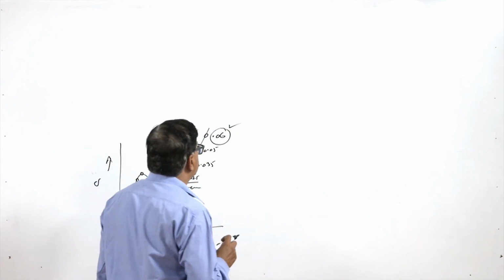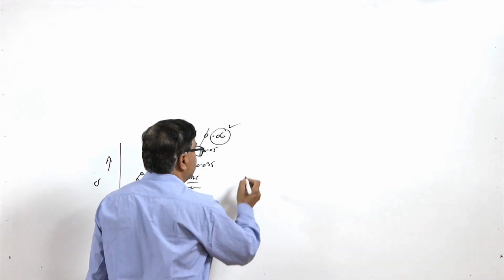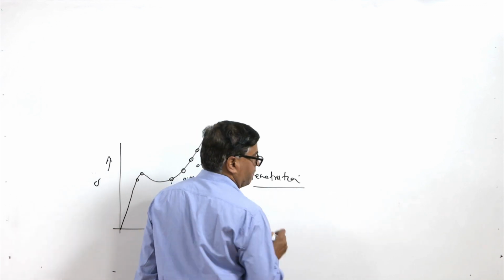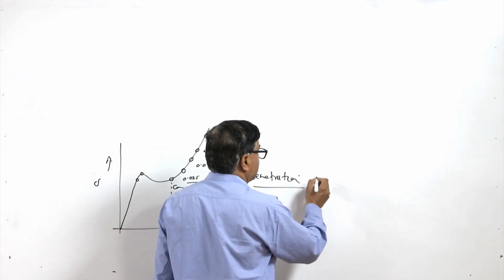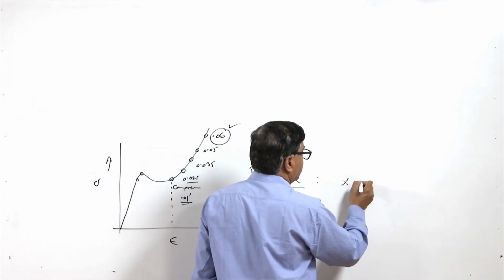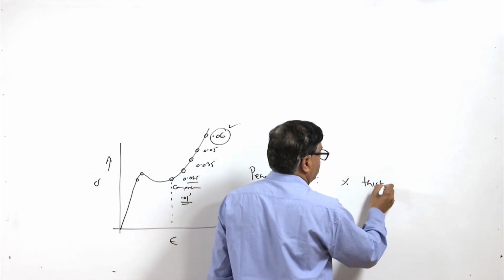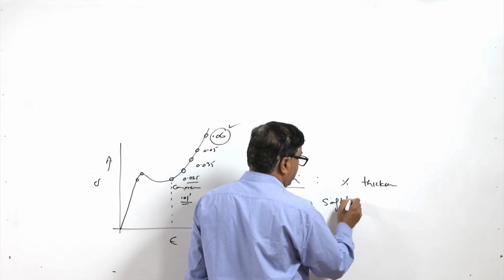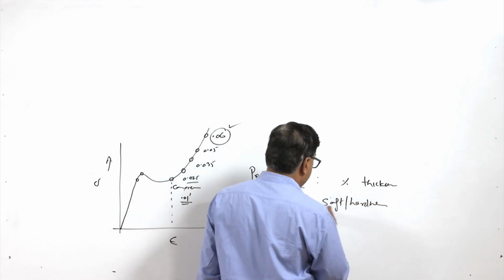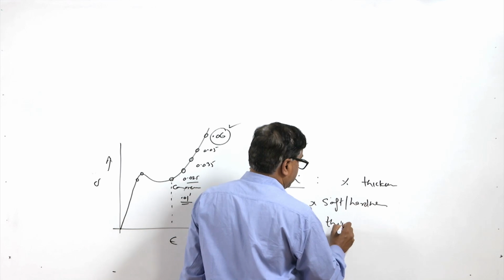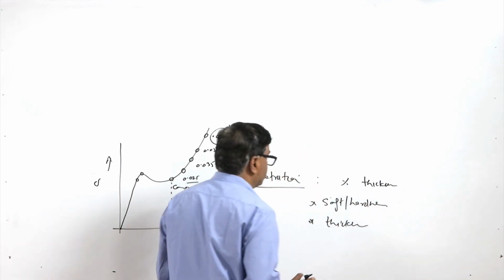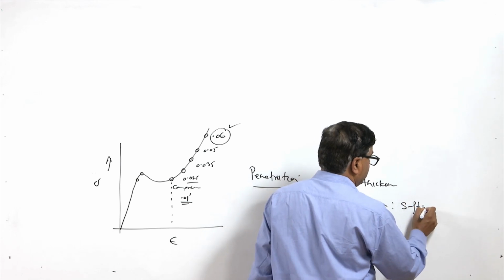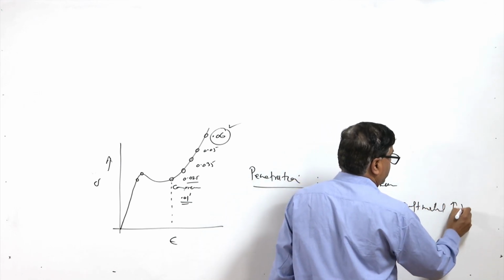Since it is expressed in terms of a percentage of the sheet metal thickness, the penetration normally required for shearing is expressed as a percentage of the thickness of the sheet metal, and the softness or hardness of the material and the thickness of the sheet are the factors which affect the penetration. So, soft metals need high penetration.